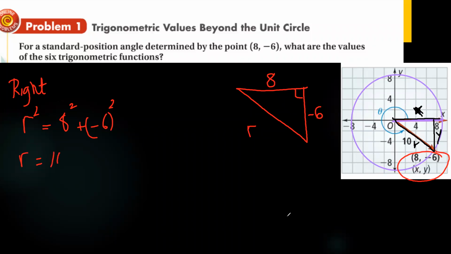After you find it, you will find that r is 10. Okay, so now we have 8 is x, y is -6, and r is 10.